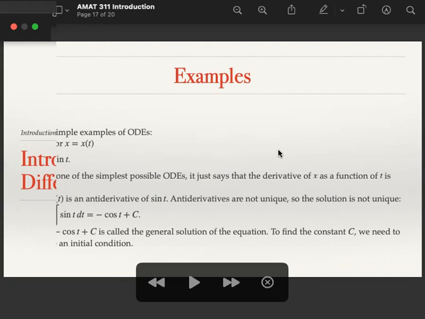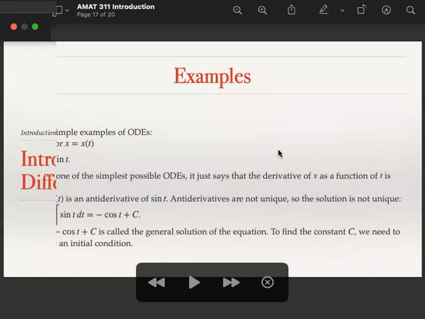In other words, if the derivative of x is sine of t, then x is an antiderivative of sine of t. And the antiderivative is not unique, as I say here. The antiderivative of sine of t is minus cosine of t plus a constant.